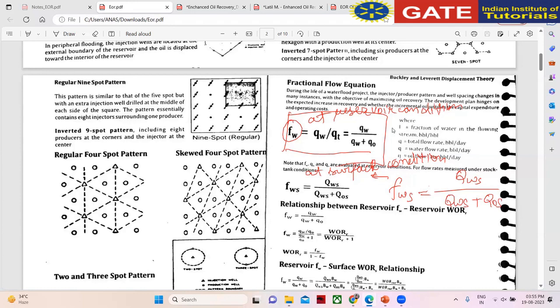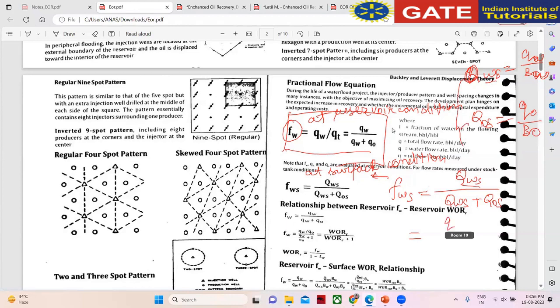QWS, the surface flow rate, is equal to QW by BW, meaning water at surface condition, and QOS is equal to QO upon BO. Put these two values in this equation.